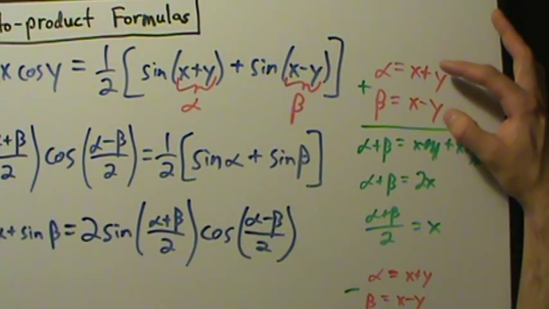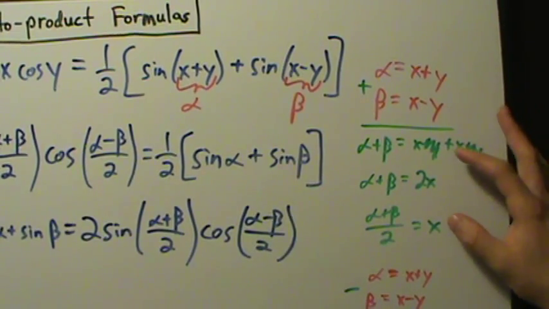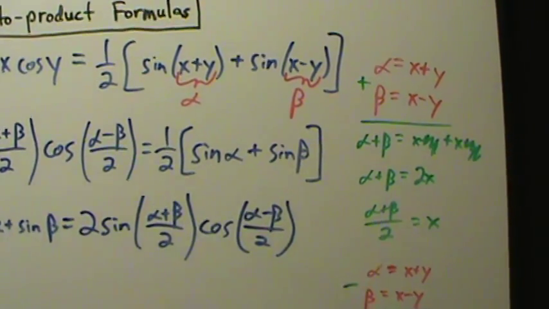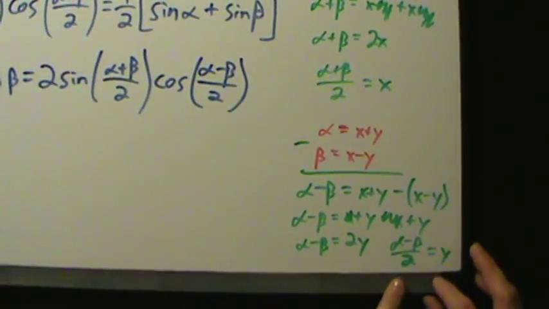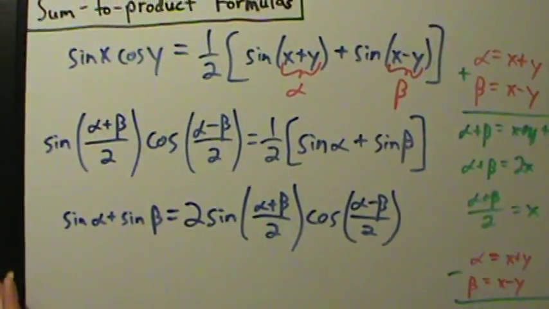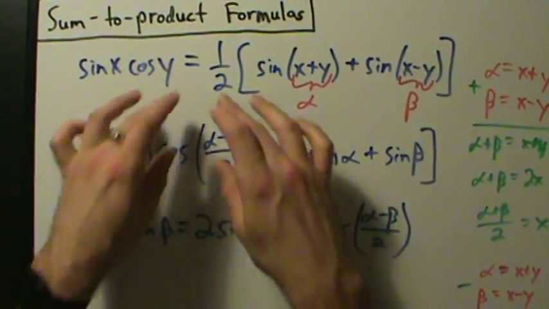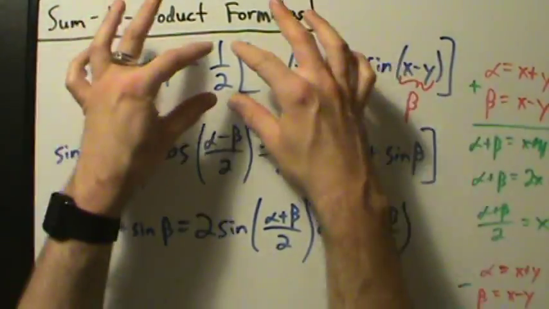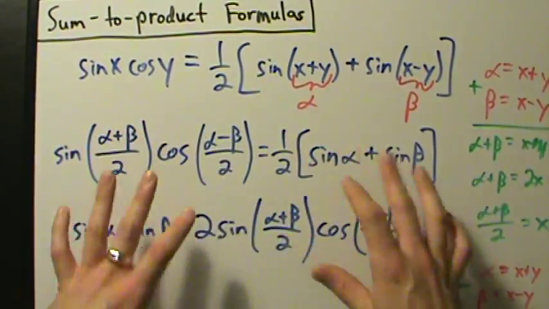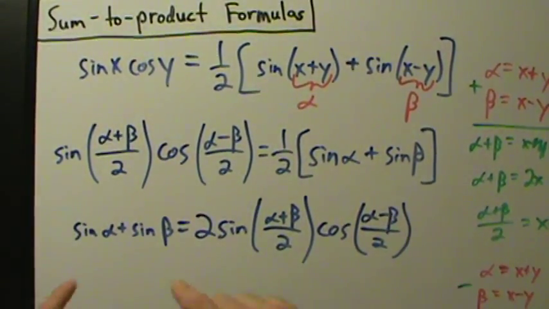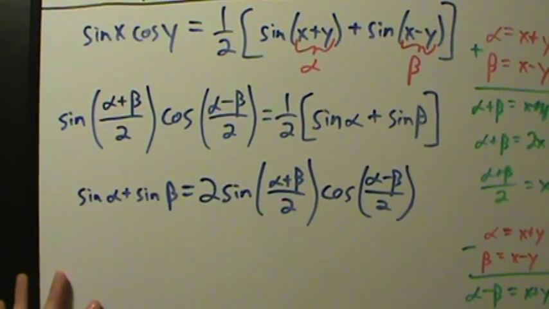So I can solve this for x and y in terms of alpha and beta. Okay, and then we get x equals alpha plus beta over 2, y equals alpha minus beta over 2, and then we could use those two facts to express this product to sum formula in terms of alphas and betas. And then when we do that and manipulate a little bit, rewrite, we end up with a sum to product formula. Okay, so that's what happened there.